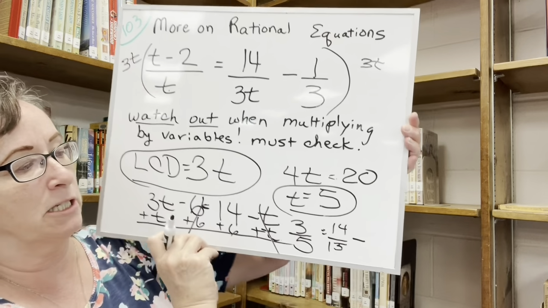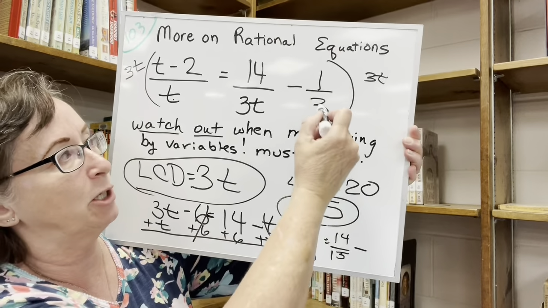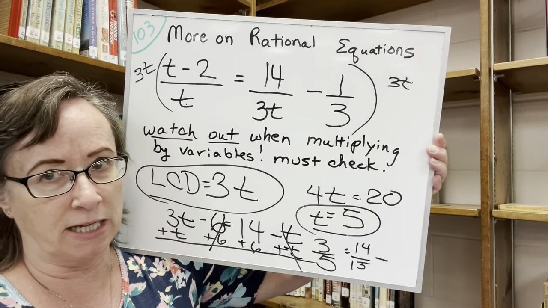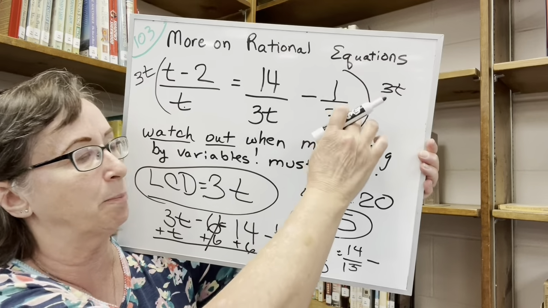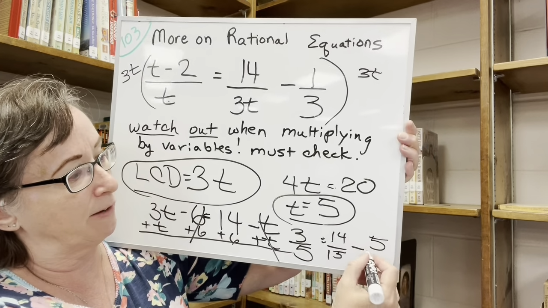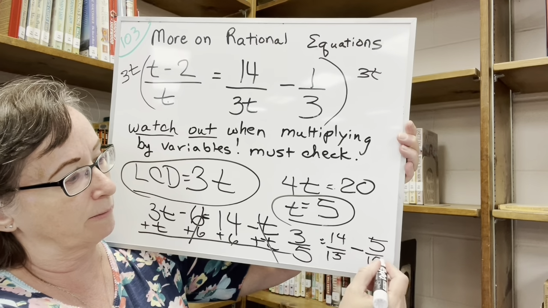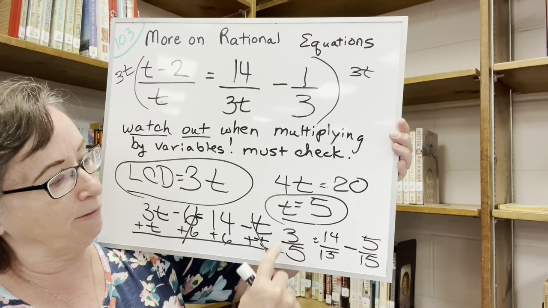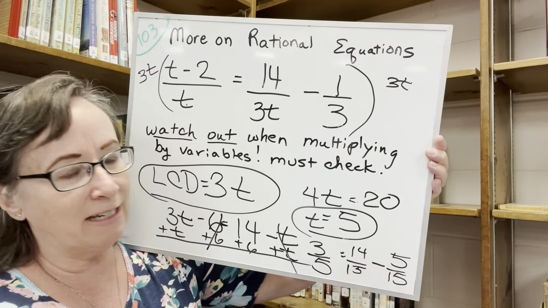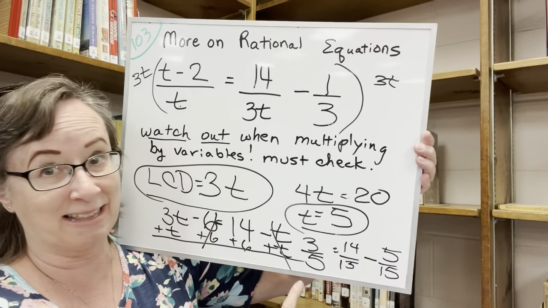Now the 5 here is going to be 15, 14 over 15 minus 1/3. Now I'm going to go ahead, just because I'm out of board, I'm going to change 1/3 to a denominator of 15. So I'm going to multiply the top and the bottom by 5. So I'm going to get minus 5/15, which we know is 1/3. All right, so we get 3/5 is 14 minus 5 is 9. 9 over 15 is 3/5.